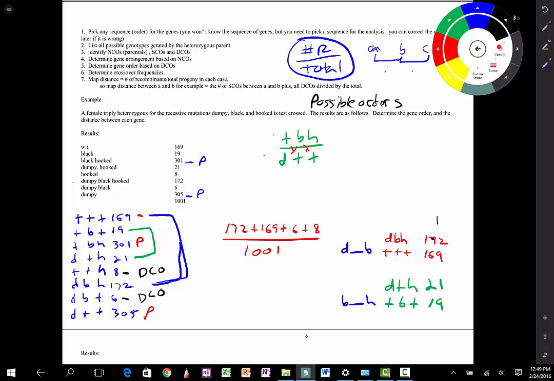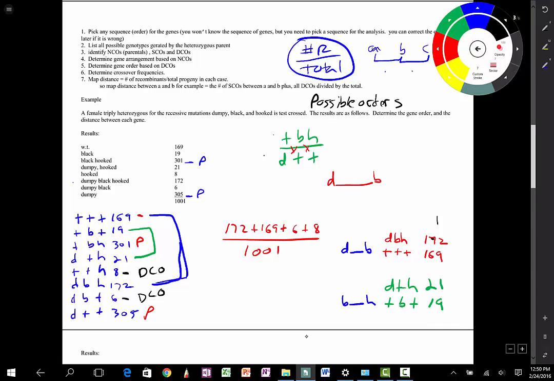So 172 plus 169 plus 14, that's 355, divided by 1001 equals 0.354. And we know that B is in the middle, so we can say D B is 35.2 map units.